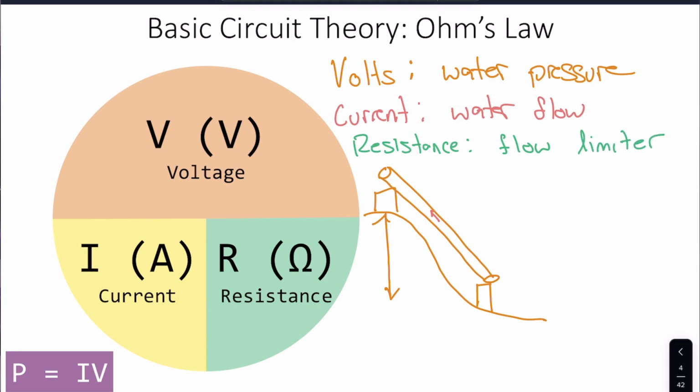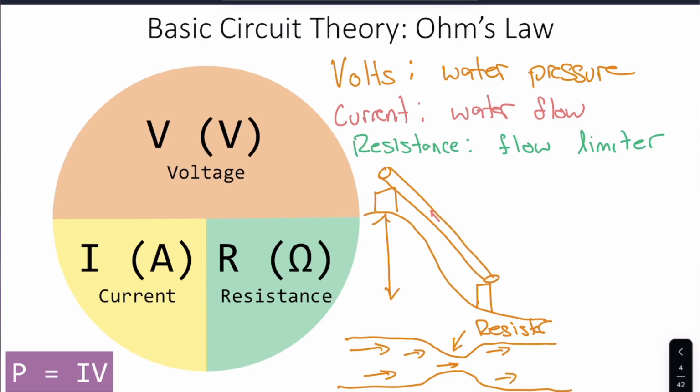So you can imagine having something in the pipe right here, and that would be a resistor. And it's going to limit the amount of electron or water flow through the system. This is called Ohm's law, the relationship between these three quantities.